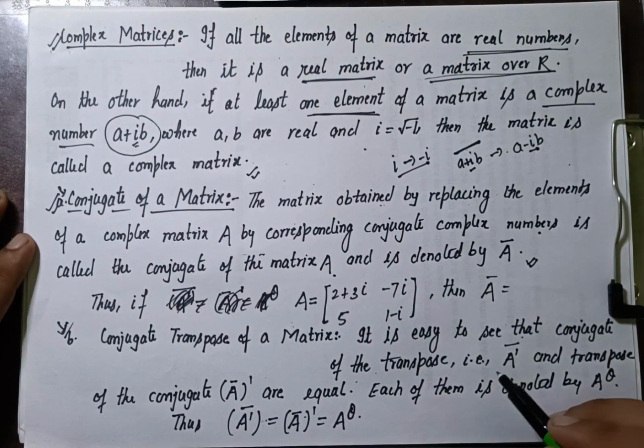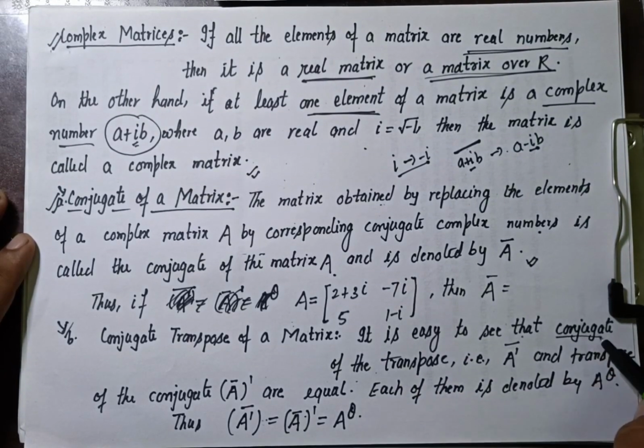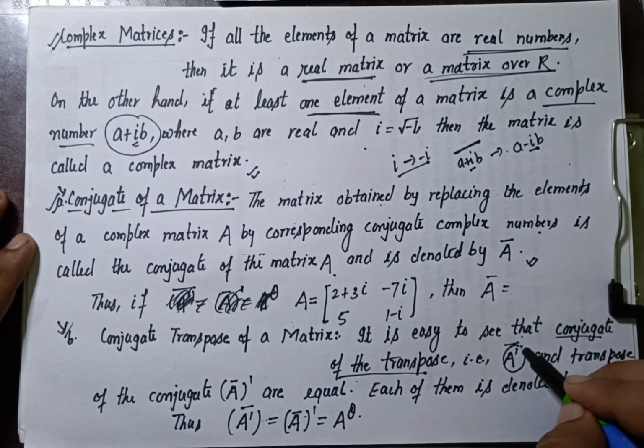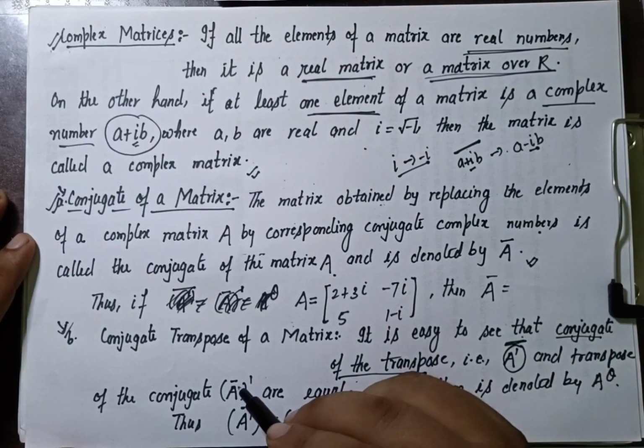Conjugate transpose of a matrix. It is easy to see that the conjugate of the transpose and the transpose of the conjugate are equal.